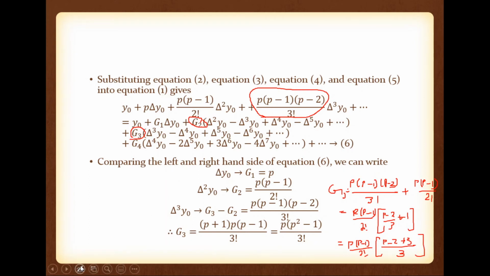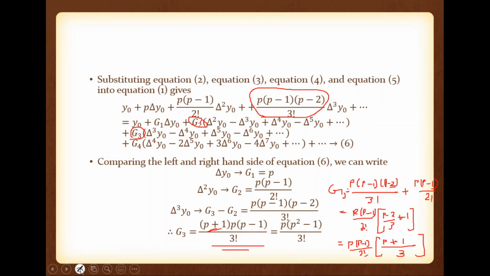It is plus 1. So it will become p plus 1, written before p into p minus 1, the remaining term, divided by 2 factorial into 3, which becomes 3 factorial.